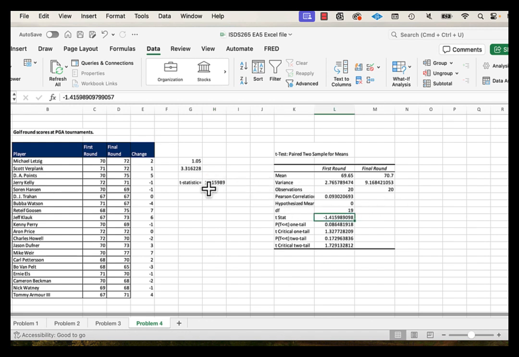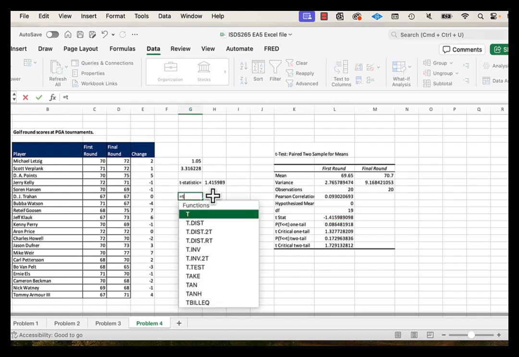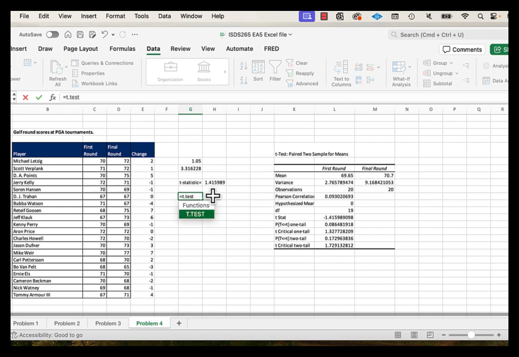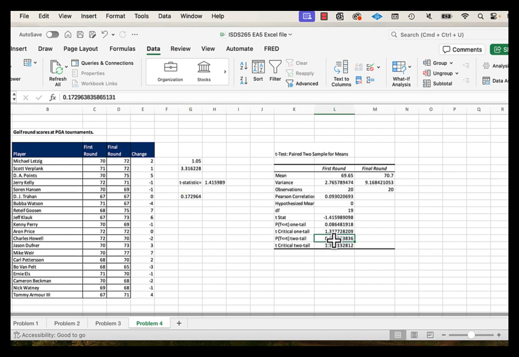And if we did this as a two-tailed test, using T.DIST.2T with x and degrees of freedom n minus 1, so 19, we end up with 0.173, and that matches up with that right there.